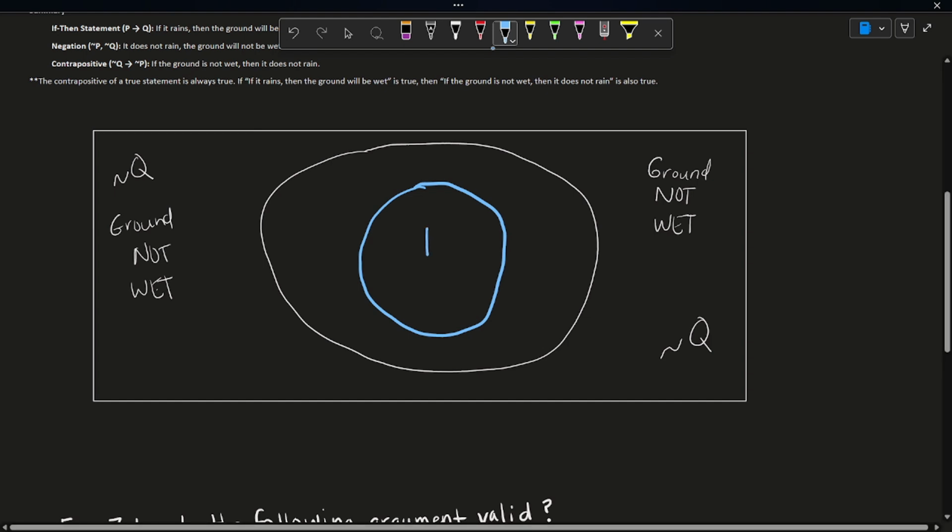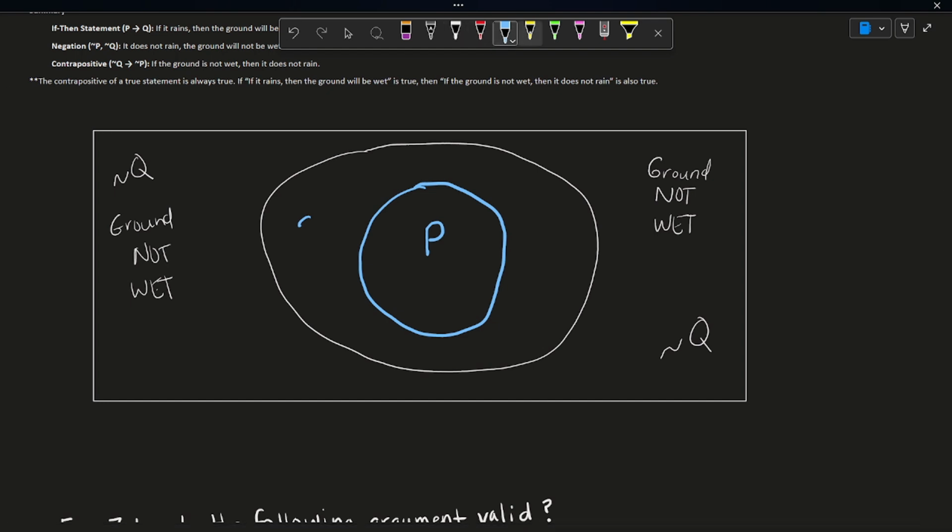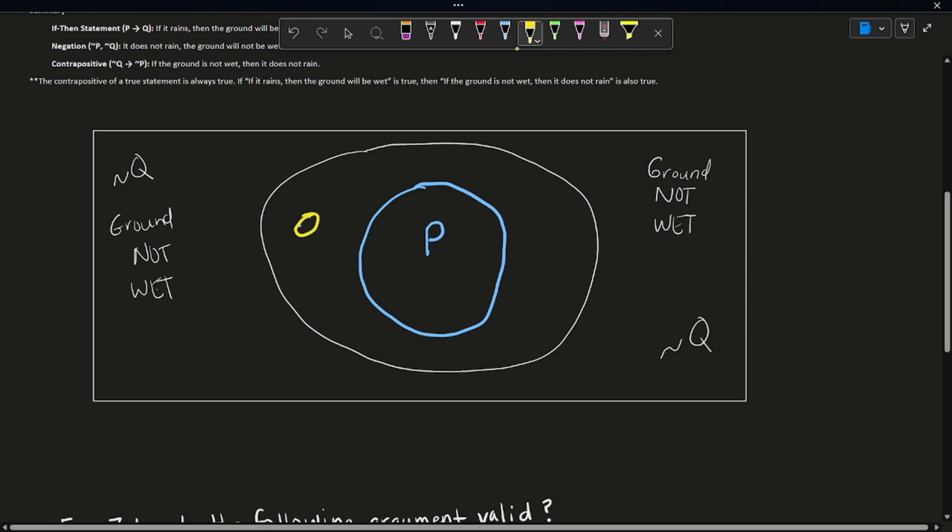Our rain is going to be our P. And then outside of our rain, well, let's go with yellow, shall we? Our Q will be out here, and this is going to be ground is wet. And this is, does it rain?